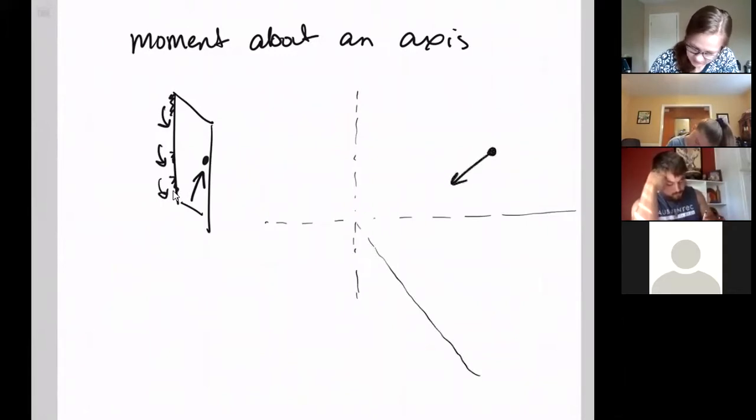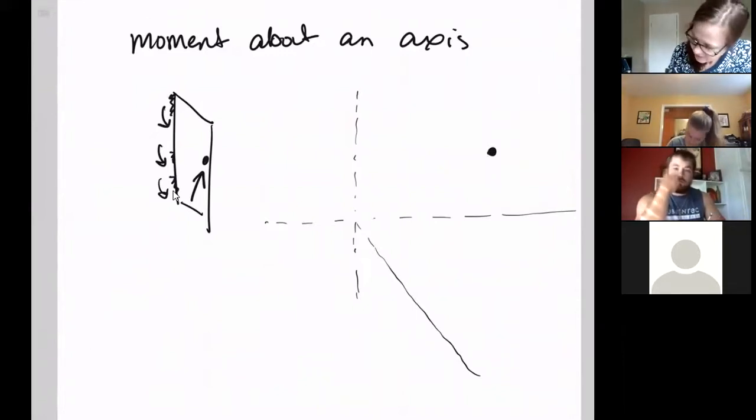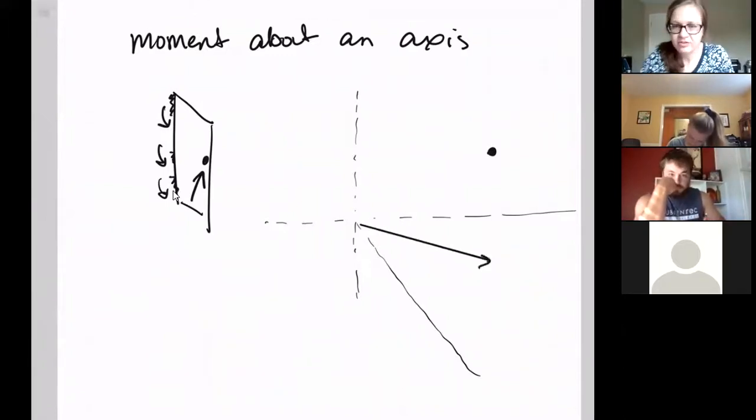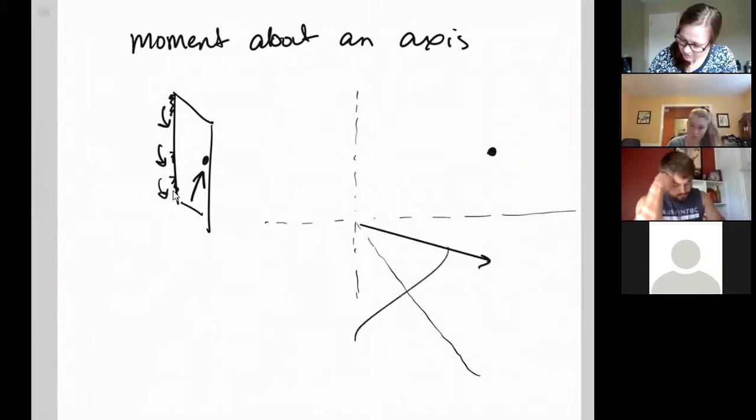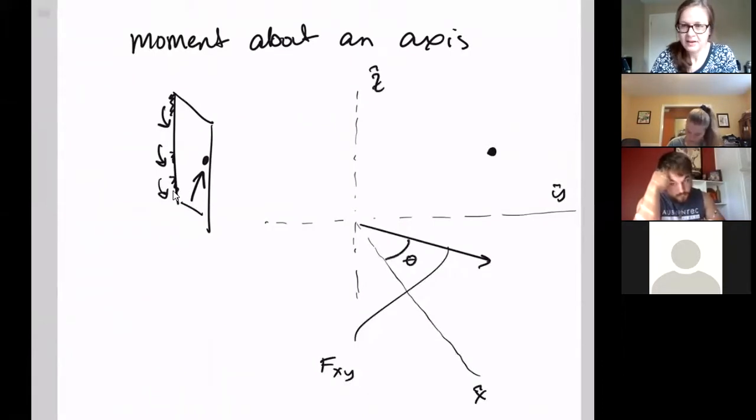And we, once again, have a force here. This time our force is in 2 dimensions, actually. So this force is in the x and y, and it is defined by theta.